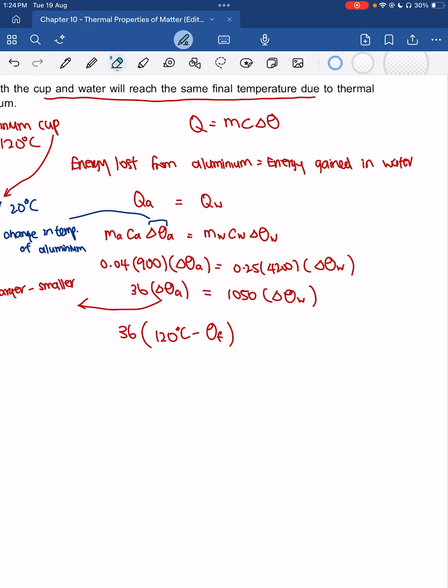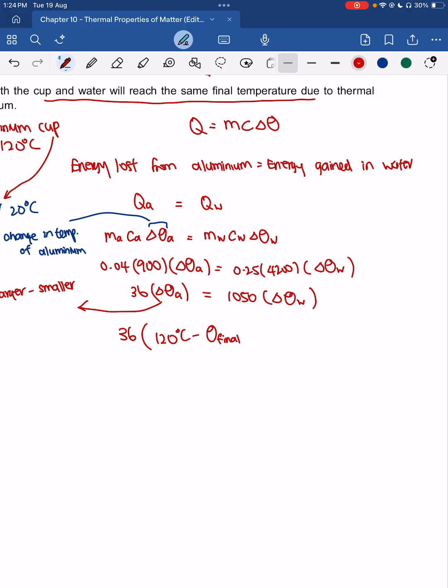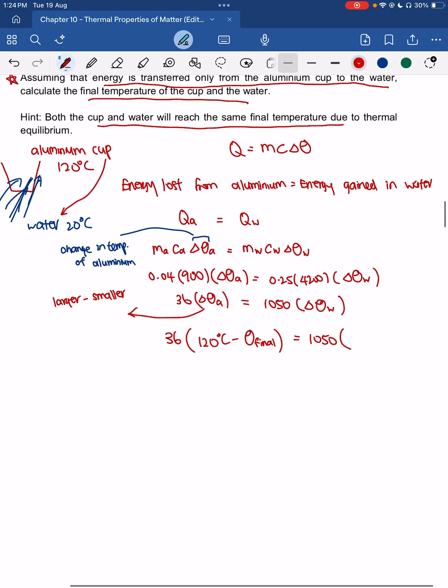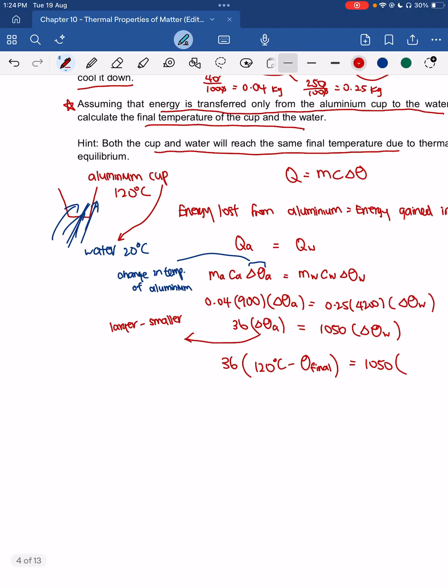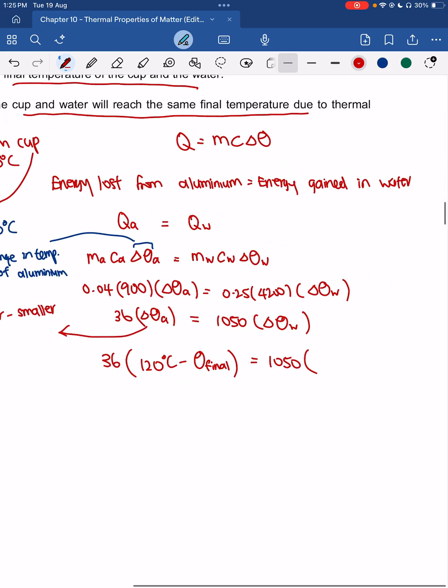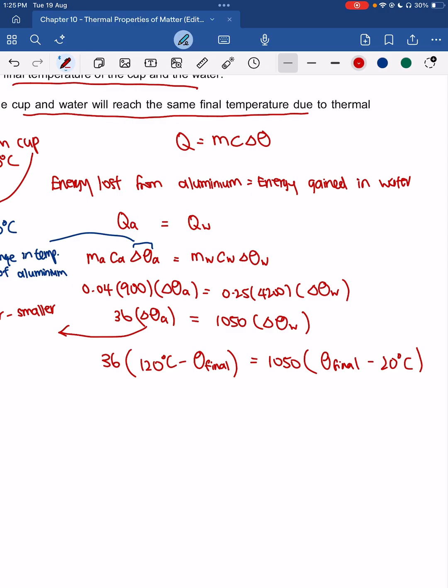Feel free to write it out in full if too many letters get you confused. For water, 1050, how will the change in temperature be? Is the final temperature going to be larger than 20 or lower? It has to be larger. So my final temperature will be the first value, subtracting the smaller value, 20 degrees Celsius, because over here it's a gain in energy.